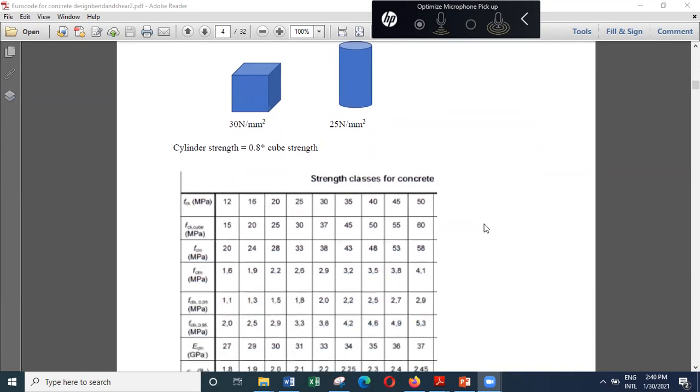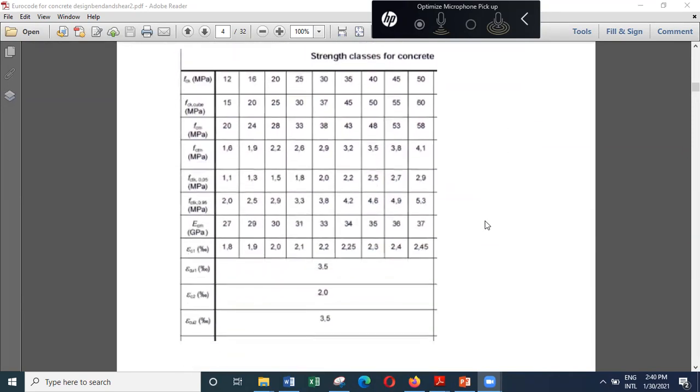So if you look at this particular table that is obtained from the Eurocode on page 29, table 3.1.